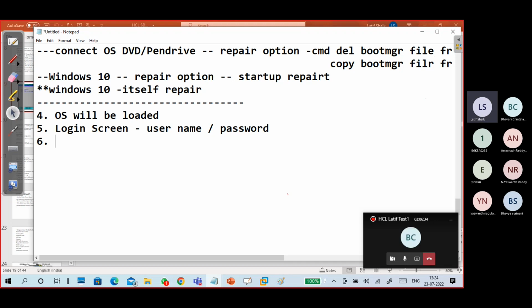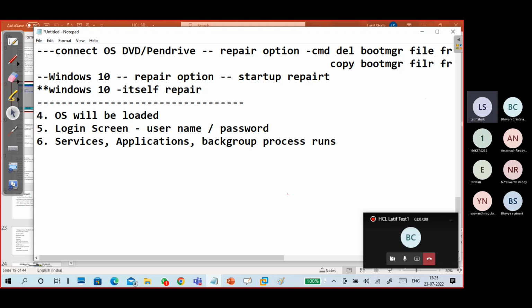So services and applications, background processes run. So this is the complete boot processing, guys.